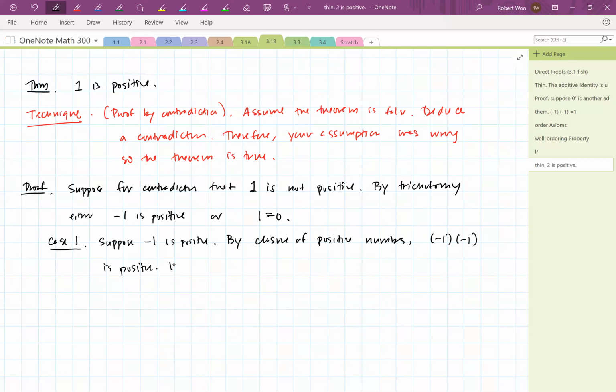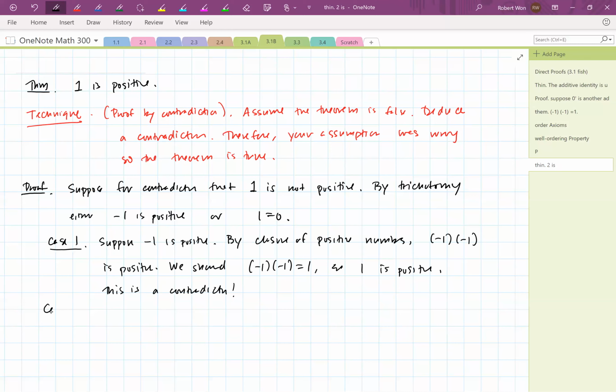But we also showed that negative 1 times negative 1 equals 1. So 1 is positive. But I assumed that 1 was not positive, so this is a contradiction. So I've reached a contradiction in case 1.